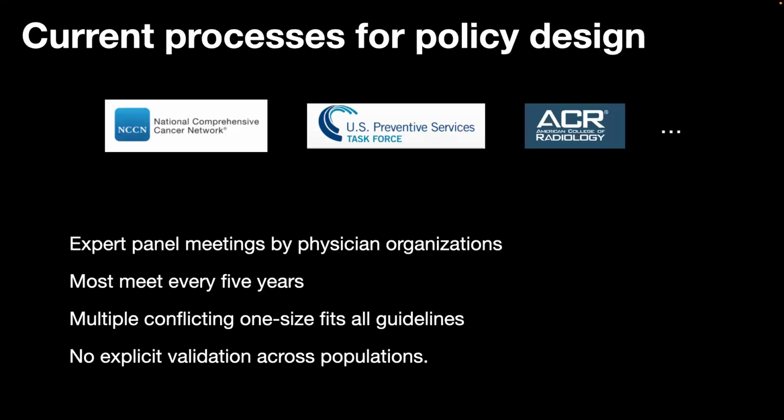They look at the literature and say, here's a one-size-fits-all guideline: do this biannually at age 50, or do annual at this age. This process has resulted in multiple conflicting one-size-fits-all guidelines. And I will argue that this will never yield a highly refined algorithm that changes dynamically on the fly as new technology comes out. It's not built for this kind of thing.